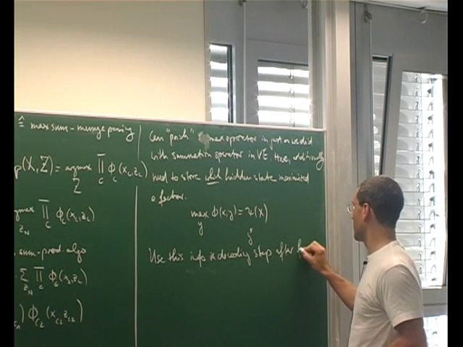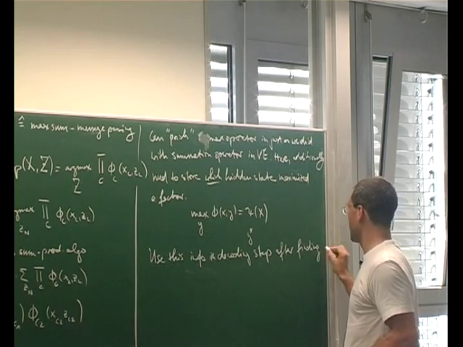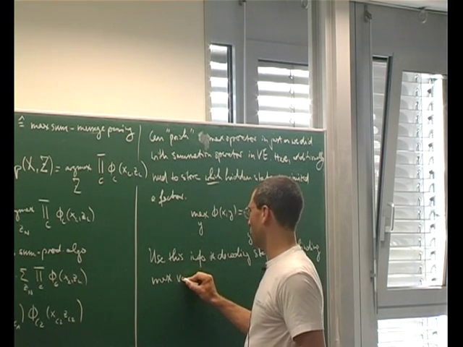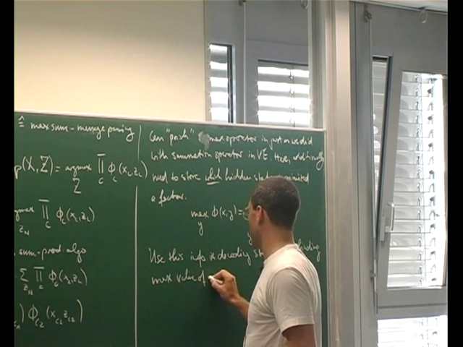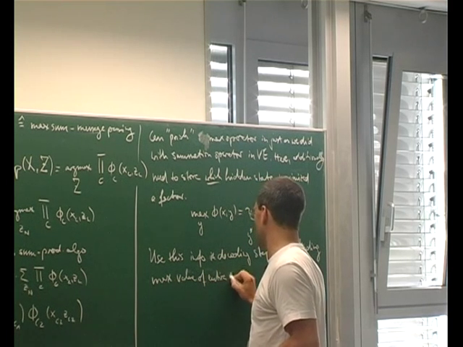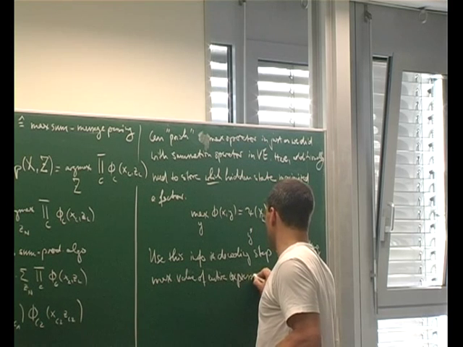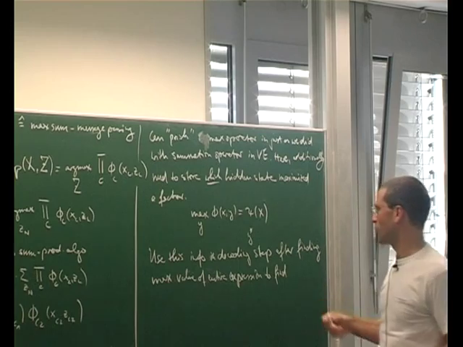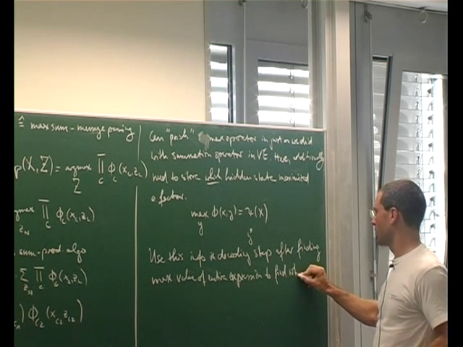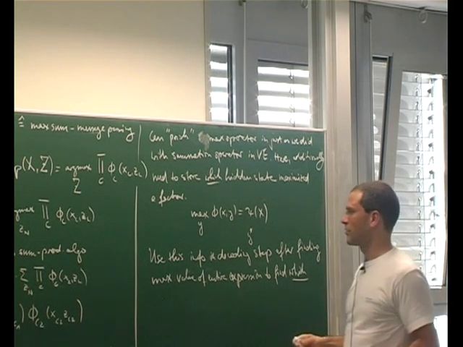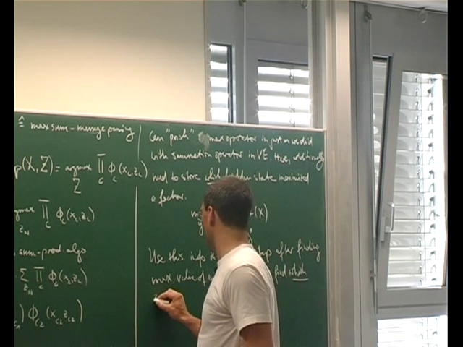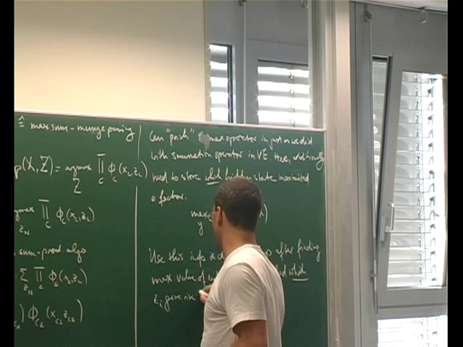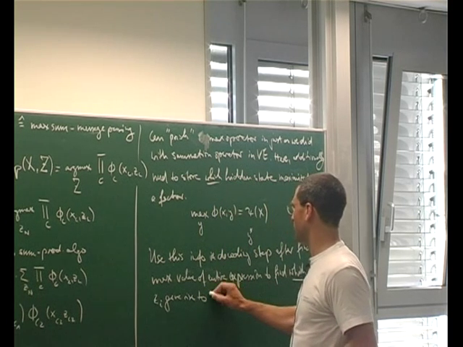So after finding the maximum value of the entire expression, to find backwards one by one which states gave rise to this maximum value.